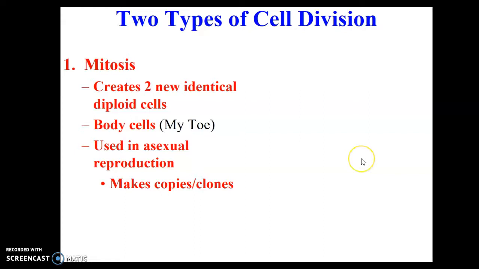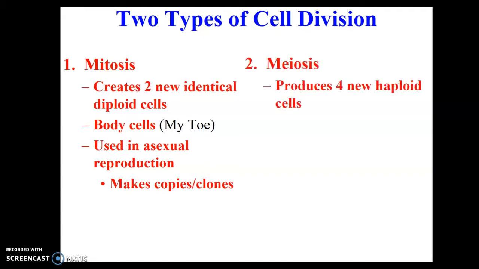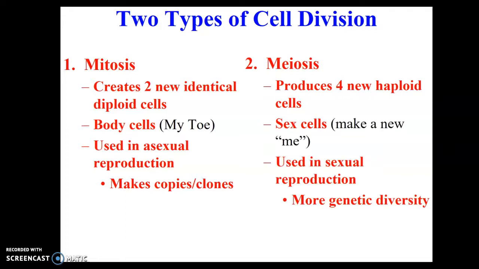So that's mitosis, creates 2 new diploid cells. Meiosis produces 4 new haploid cells. So I would write that difference down. The result of mitosis, 2 new identical diploid cells. Meiosis, 4 new haploid cells.